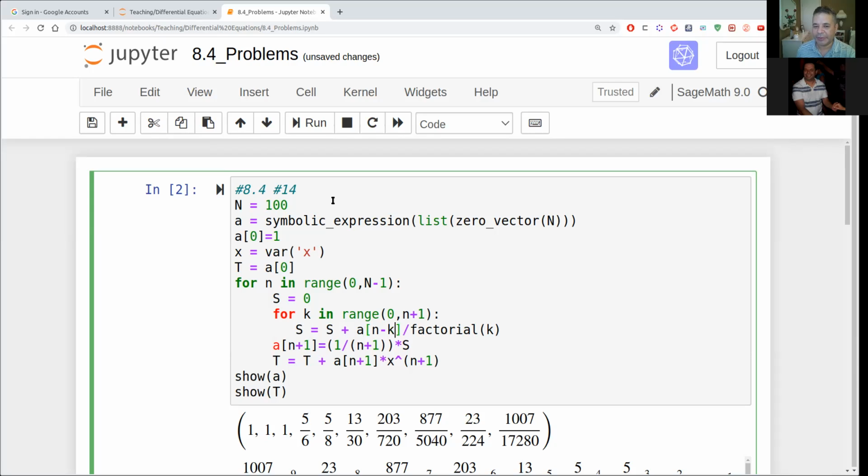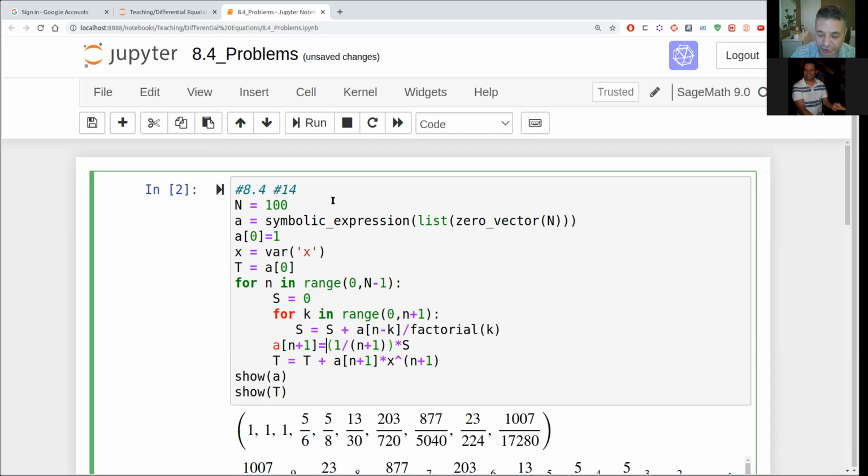I mean, it's literally what it is, right? This is the part where I take a sub n plus 1 equals 1 over n plus 1 times s.